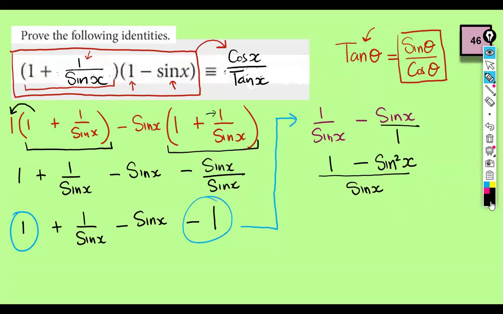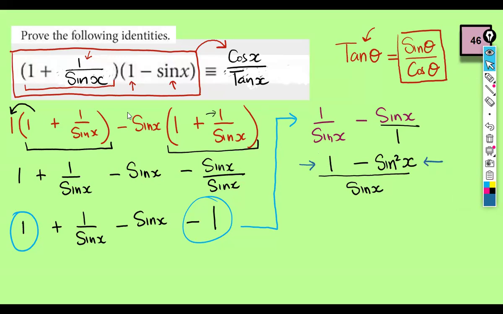And now realize we needed two formulas, but that's okay. Didn't we meet this formula over here in the previous question? What can we replace 1 minus sine squared x with, the top part? What can we replace that with? Let's look back in the notes.